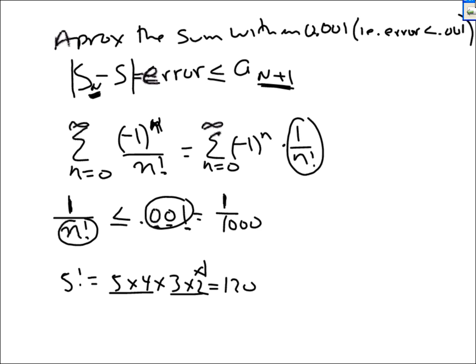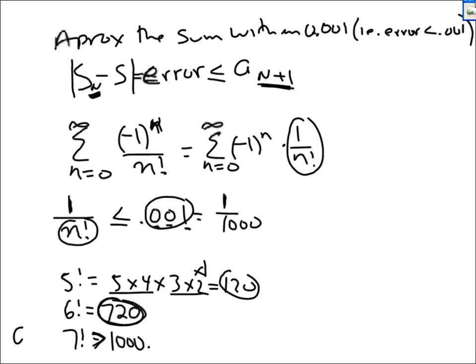You can say times 1 if you want, it won't change the answer. 6 factorial is 6 times that, 720. 7 factorial, I multiply this by 7. You only need to multiply by 2 to break 1,000, so 7 factorial is bigger than 1,000.